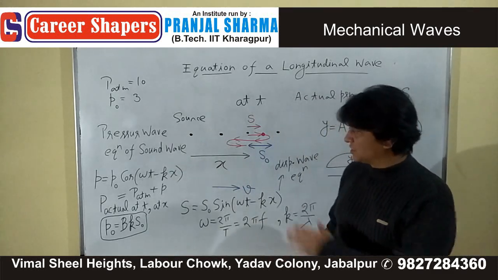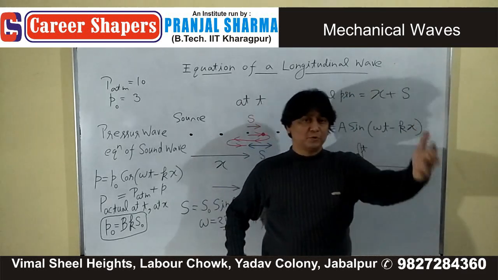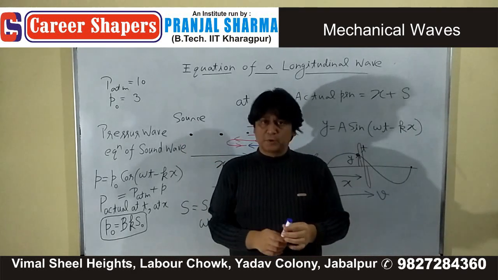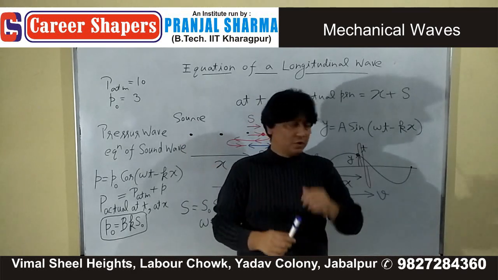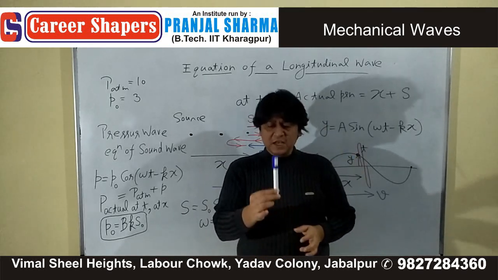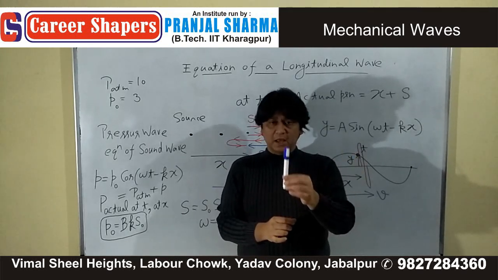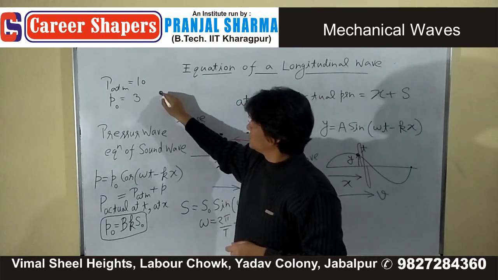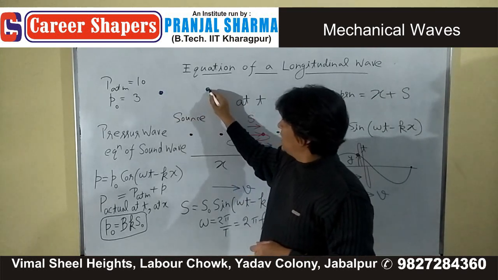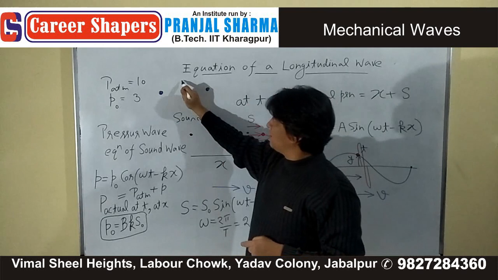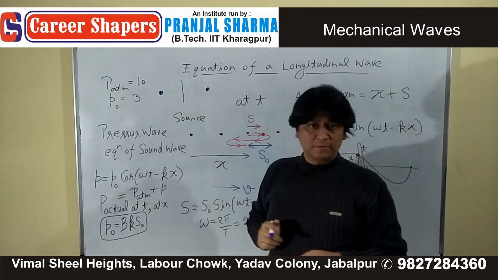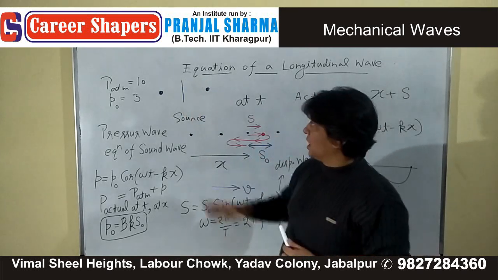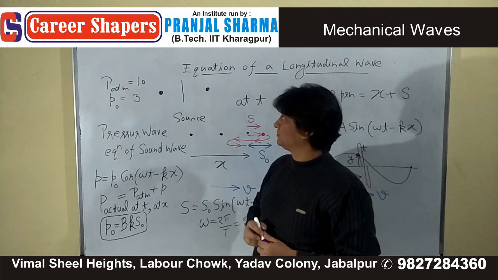You can understand this whole thing with the help of superposition of waves, which we will see later, but we have done a few questions of superposition in simple harmonic motion, and therefore I hope you can understand. Suppose we have a particle over here, and there are two identical sources, and you have a thin film, something which can sense the pressure, and you can also see its displacement.